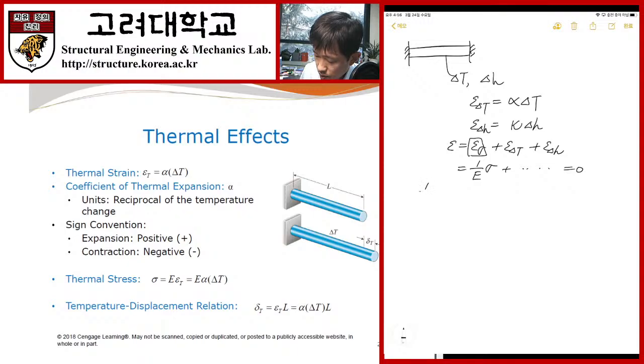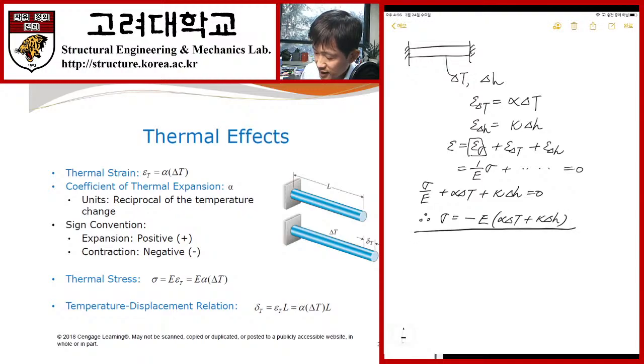So 1 over elastic modulus of stress plus alpha delta T plus the humidity dilatation coefficient and the humidity change should be equal to 0. Then we can calculate the stress development very easily. You understand? 동현이, you understand?